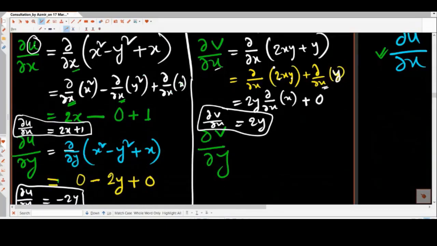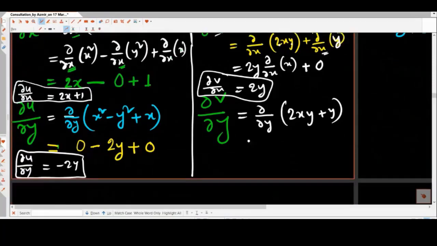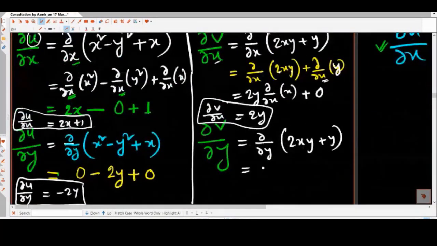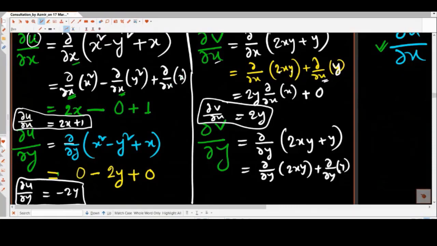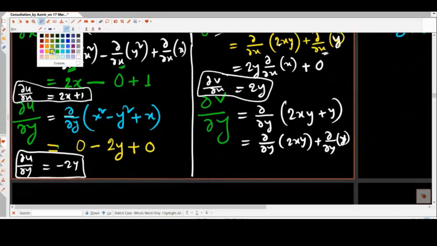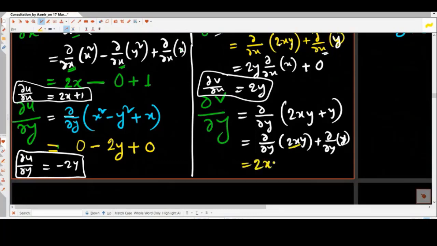Similarly, let's find dv/dy. We are differentiating v in terms of y. The v function is 2xy plus y. Again, using this rule, we can separate, or we can write directly, but let me separate. So d/dy of 2xy, d/dy of y. Here we are differentiating in terms of y, so x is constant, 2 is also constant, so 2x can be pulled out.